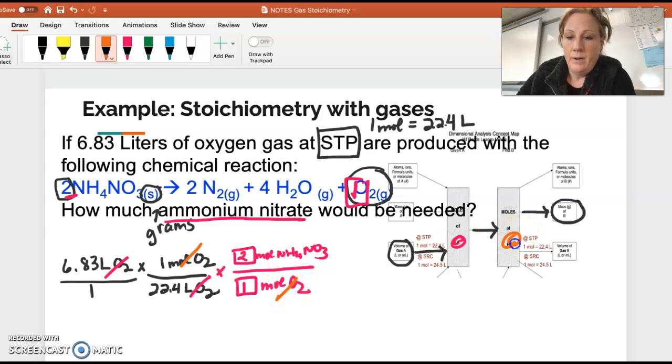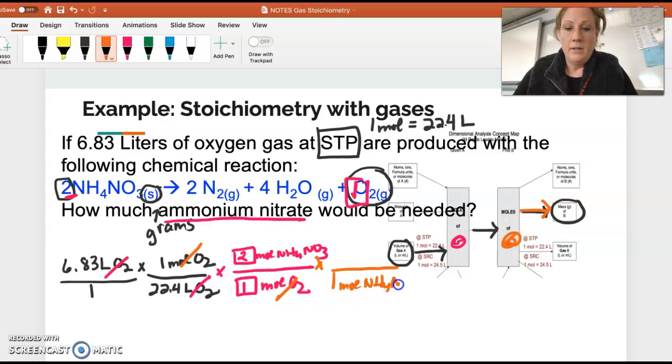I'm at moles of ammonium nitrate now, and then I just want to figure out how many grams this is. So now I would just do the molar mass. 1 mole of ammonium nitrate has a mass of 80.06 grams. And then I would just crunch the numbers. And I think, yep, I get about 45.6 grams.